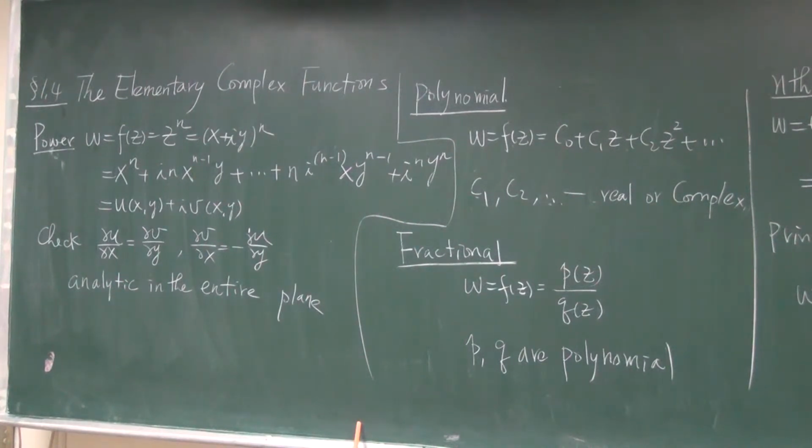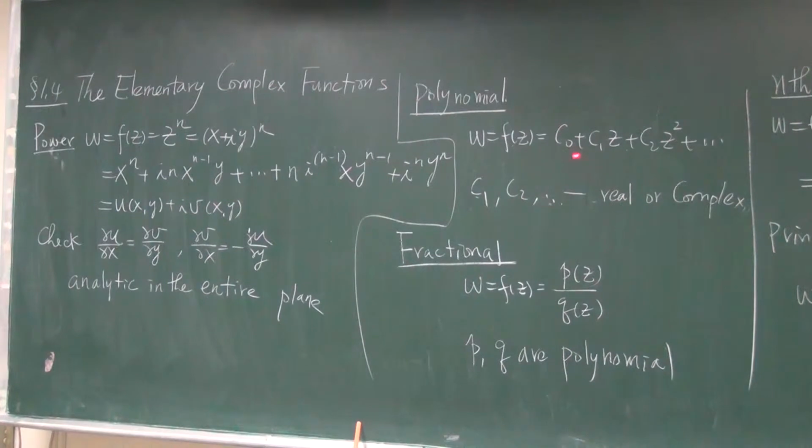In fact, all the examples shown in this section are analytic functions. So you can see there are a lot. The next example is the polynomial. We have W equal to f(z) equal to C0 plus C1 z plus C2 z squared, and so on and so forth.